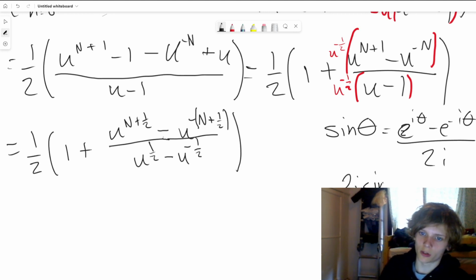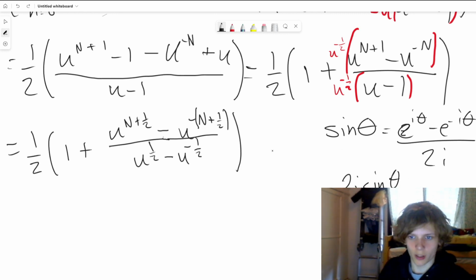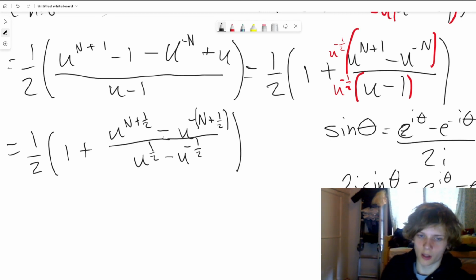So 2i sine theta will be equal to e to the i theta minus e to the negative i theta, and the importance of this is that these exponents are now matching but negative.